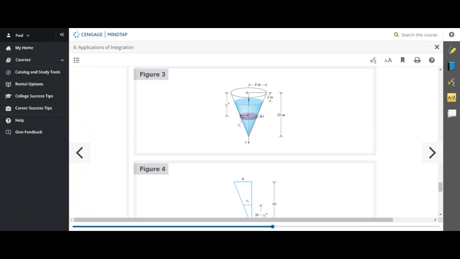Just like with the previous tank problem, they take a layer of water. That purple layer of water has a height of delta x, and it is xi meters below the top of the tank.